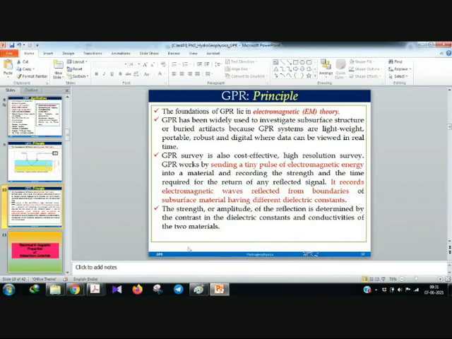By this you can identify the boundary and the variation of the dielectric materials. Okay, so that's the basic principle of GPR.